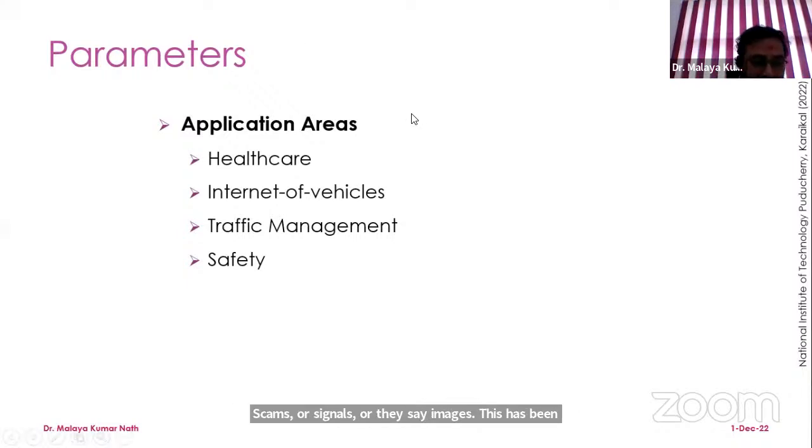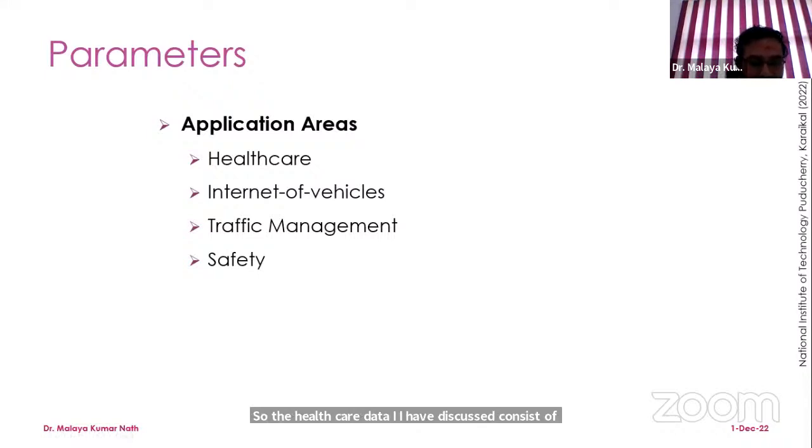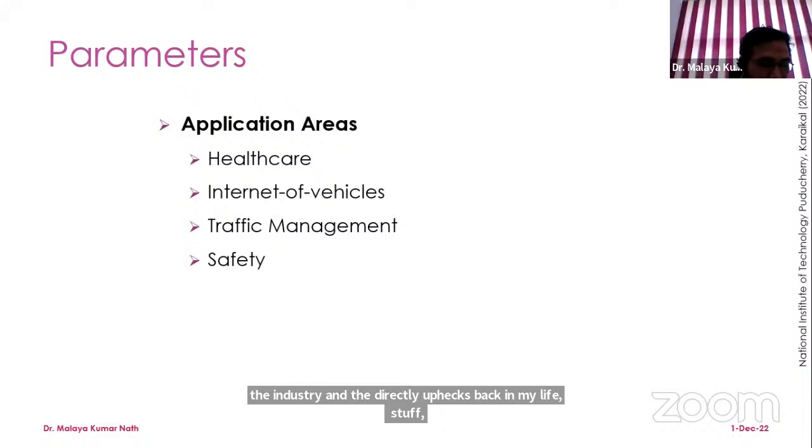So the healthcare data, as I have discussed, consists of records related to different diseases, disease symptoms, and the medical profile of the patient, which assist deep learning in predicting medical conditions of future patients. The high security and precision of such healthcare data is an utmost requirement of the industry and directly affects human life. Storing such data in a centralized system makes it prone to different kinds of attack.